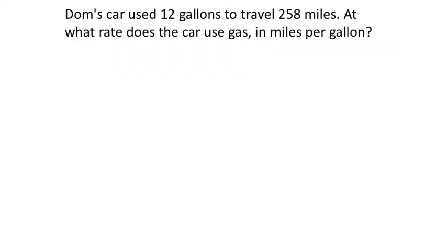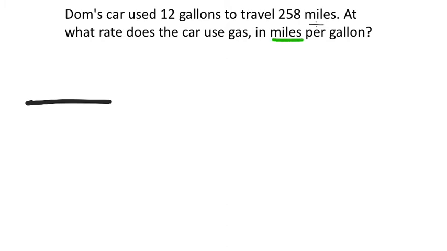Dom's car used 12 gallons to travel 258 miles. At what rate does the car use gas in miles per gallon? So this one's nice because just like that last problem, we see the word per, which indicates that's where our fraction or division line will be. And yep, pretty much all these we're going to be comparing as fractions, all of our rates. Not only that, but then it tells us, remember to put miles.